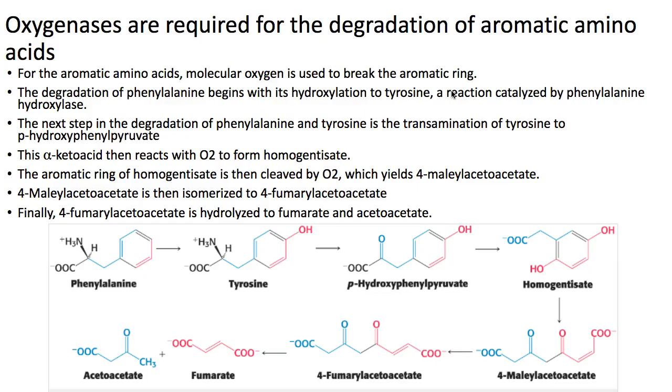The other thing to know in general is that aromatic amino acids are broken down by molecular oxygen, and from there it eventually produces fumarate. In this case it was fumarate because it's phenylalanine, but just know in general the aromatic amino acids are broken down by molecular oxygen.